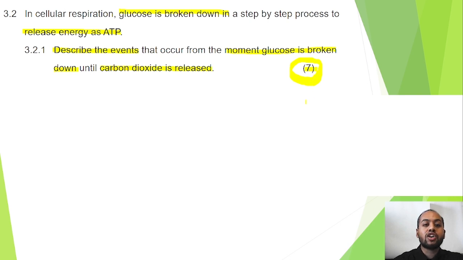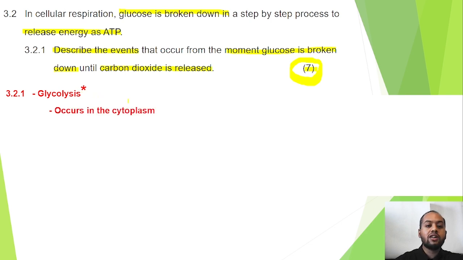It will comprise of a description of glycolysis, and it will also comprise of a description of the Krebs cycle. Therefore, the answer will be as follows. Firstly, you need to state glycolysis. You're going to get a mark for stating glycolysis, and the word glycolysis must be there. If the word glycolysis is not there, you will be penalized.